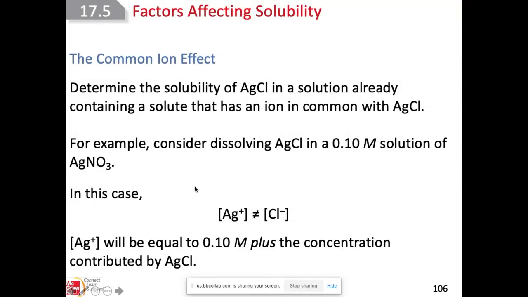So in that case, the concentration of Ag+ and Cl- will not be equal to each other, because in this case the Ag+ is actually coming from AgNO3. I have 0.1 molar Ag+ over there. So the concentration of Ag+ will be equal to 0.1 molar plus the concentration of Ag+ coming from AgCl.